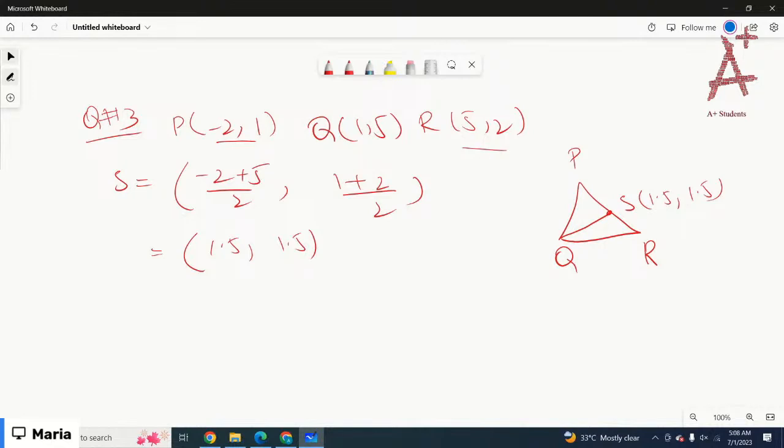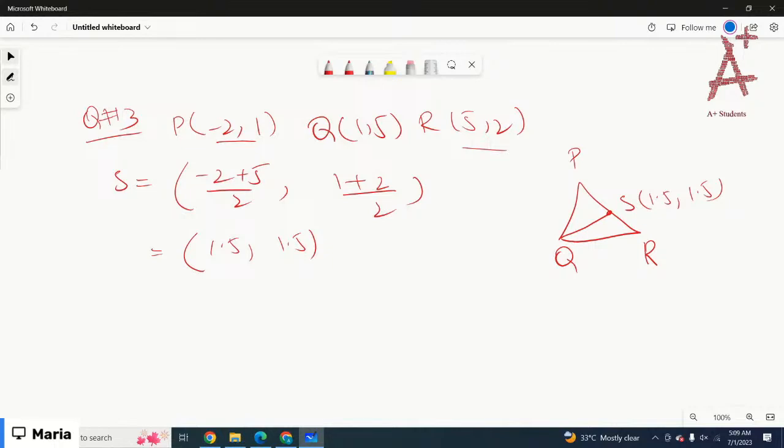Okay, so the median passes through the midpoint of one side and the opposite vertex. So QS must bisect PR. So we have to prove that QS bisects PR.